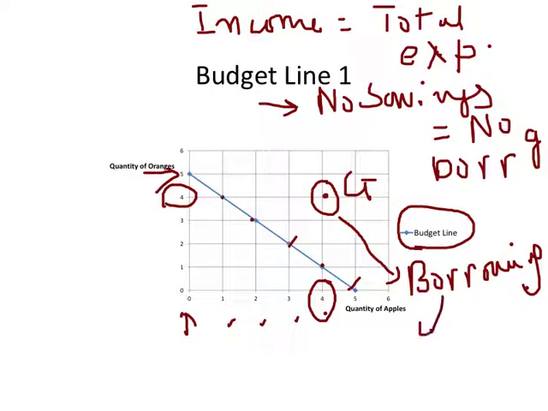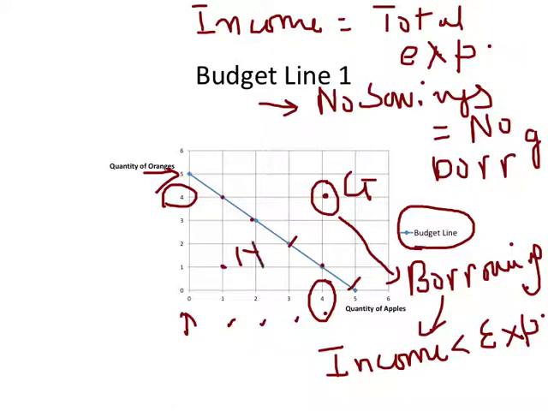And why borrowing? You borrow money when your income is less than expenditure. Now consider a point like H, where this person buys 1 apple and 1 orange. So the amount of money this person has spent on apples and oranges is $2, but his income is $5.